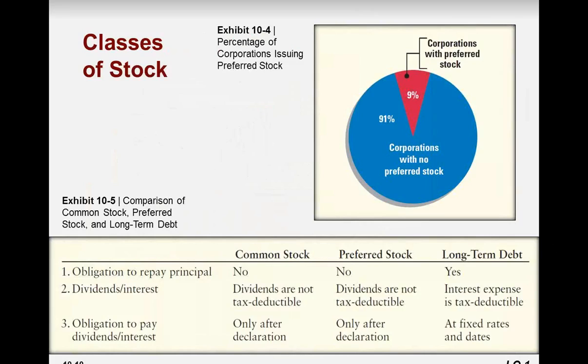Once they have been declared by the board of directors, you are obligated to pay. Same with preferred stock, but with long-term debt, we must pay that money back. There is interest. The interest is tax deductible, however. It will reduce your amount of taxable income. And you have to pay the fixed rate and date. You have to pay that interest as it comes due.